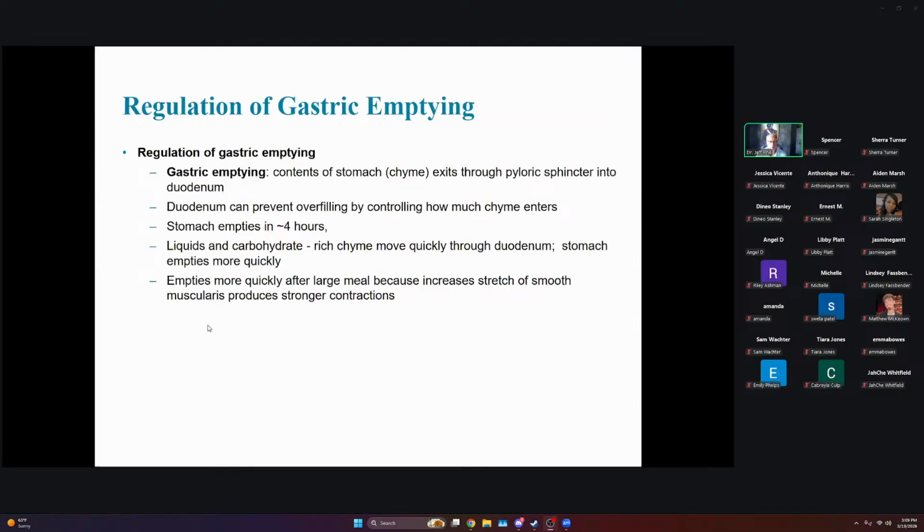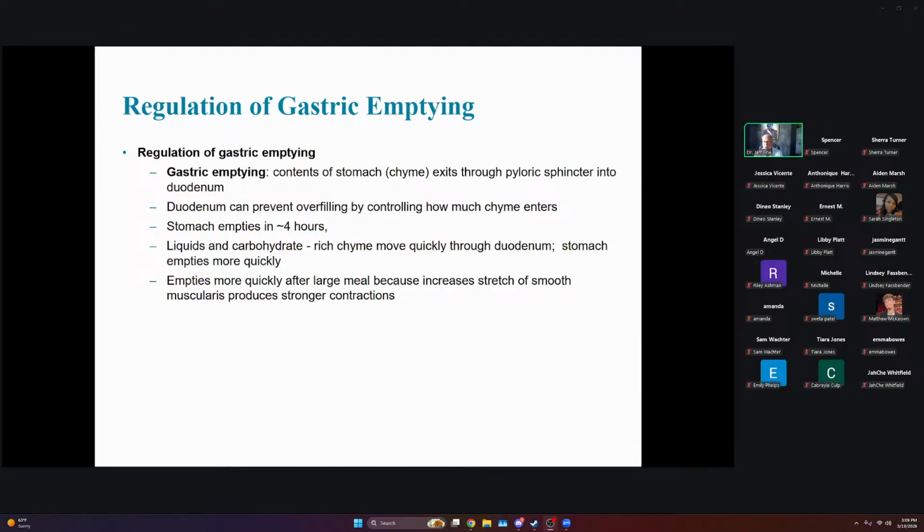So then we have regulation of gastric emptying, the pace at which the stomach empties itself. So very much related to gastric juices, by the way. But gastric emptying is really controlled by that pyloric sphincter for the most part.